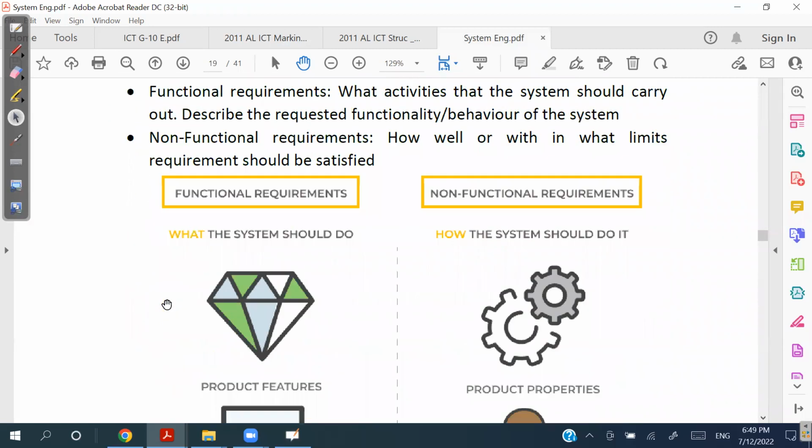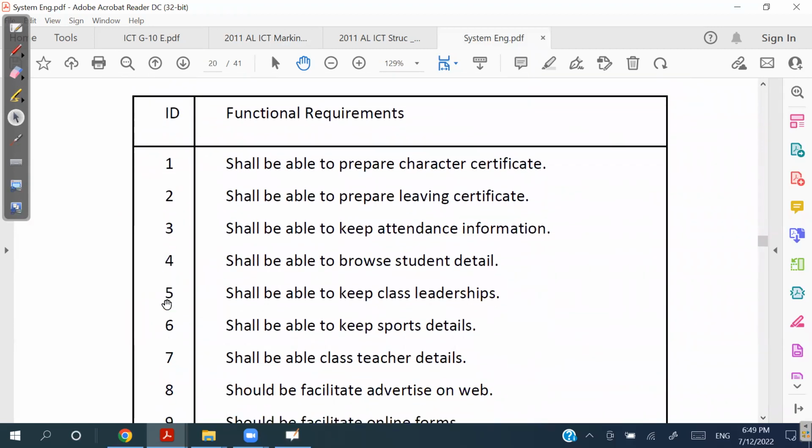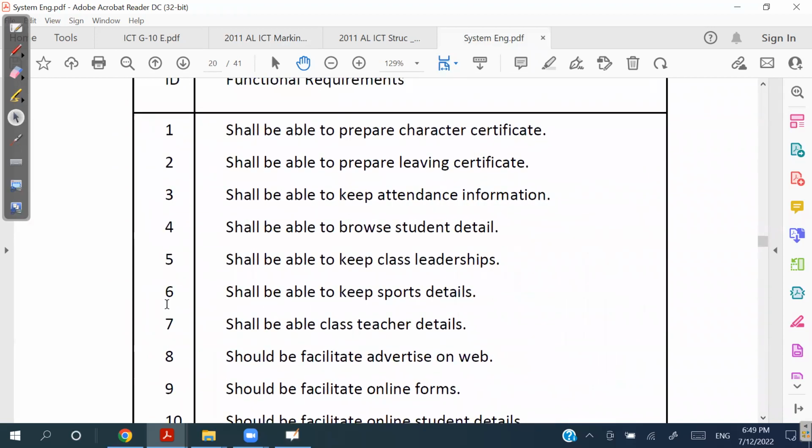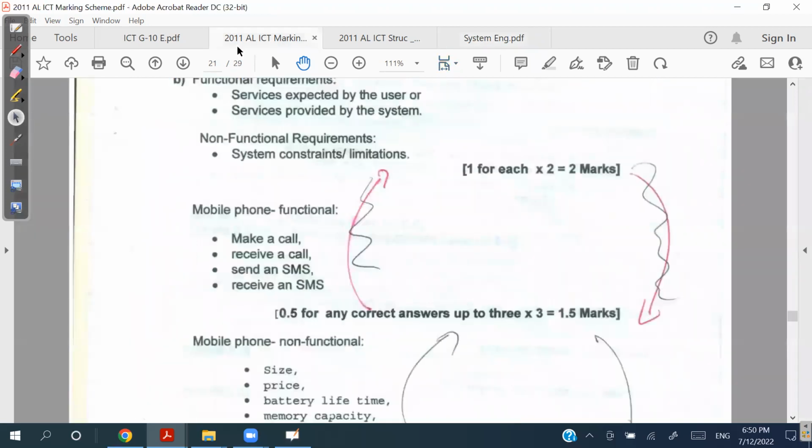Likewise, shall be able to prepare a character certificate. So shall be able to make a call, shall be able to receive a call, shall be able to send an SMS, shall be able to receive an SMS, likewise.